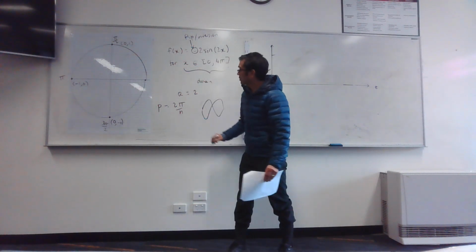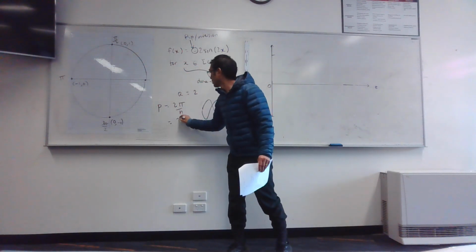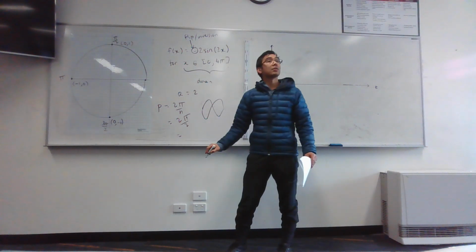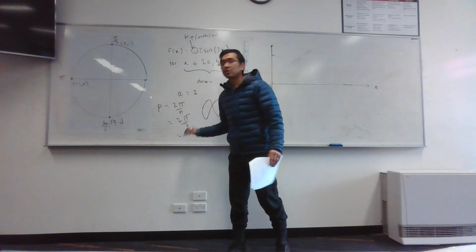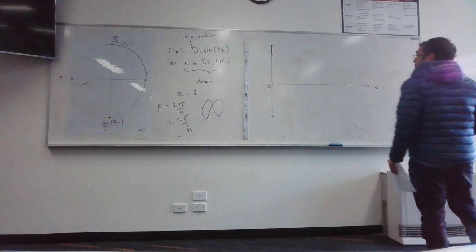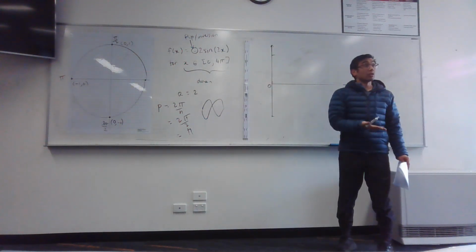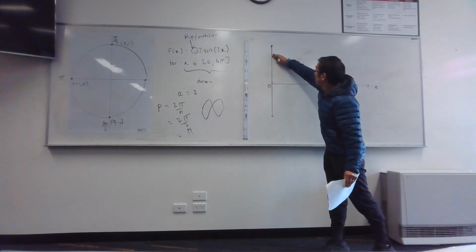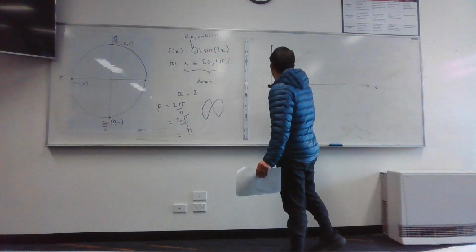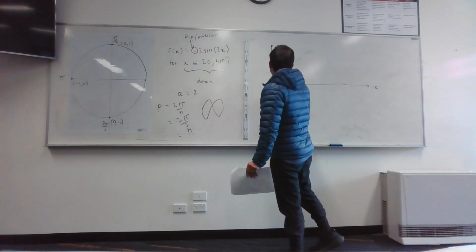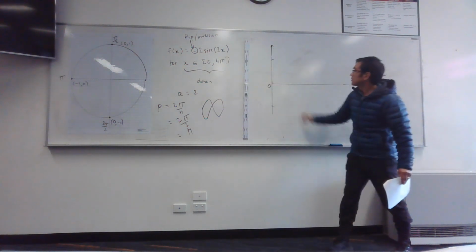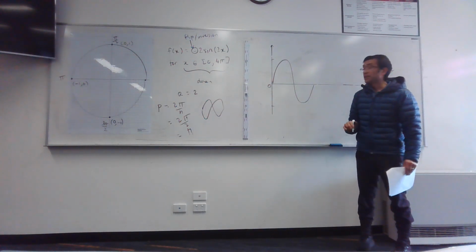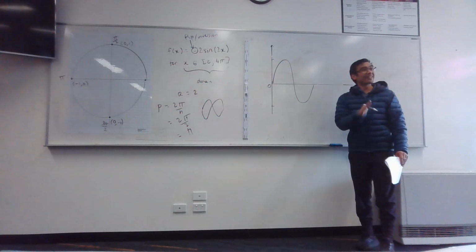What number do I put in there? 2. A period of pi. So let's slow it down a bit. Let's start off with one sine graph. Now I'm going to make these a little bit closer, just to suit our needs a bit more. Sine graph. I'm going to do it step by step.